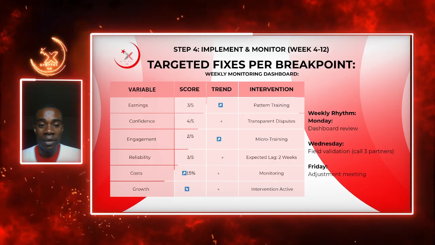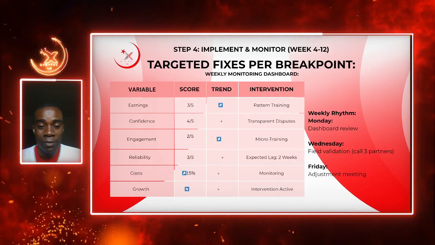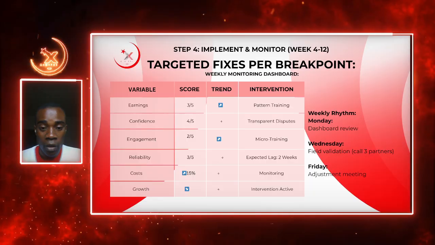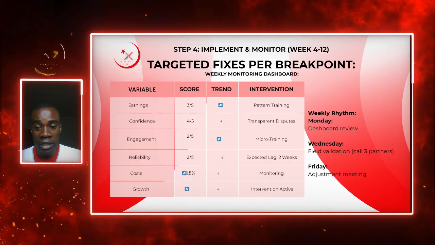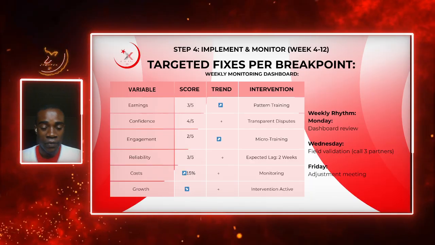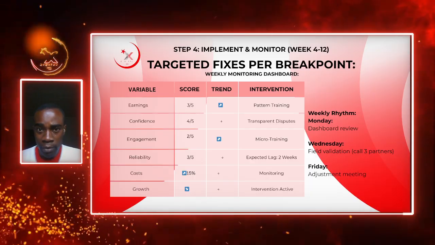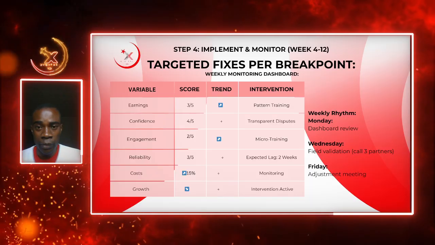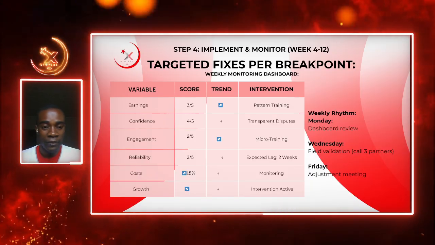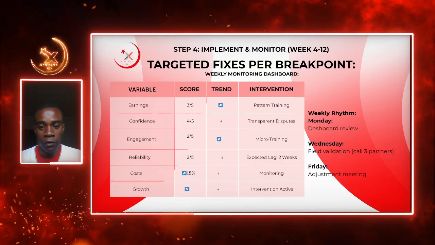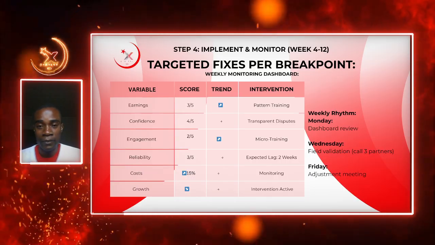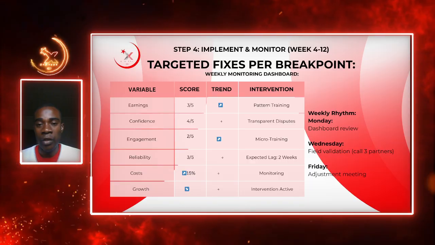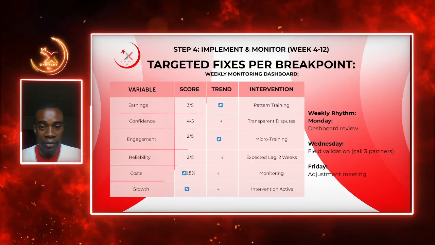And then Friday is gonna be adjustment. There's gonna be an adjustment meeting, looking at what's working and what needs changing. So once you create your simple dashboard, you establish your weekly rituals. These, everybody, are what transform the operation from what fires do we fight today to how's the economic health trending.